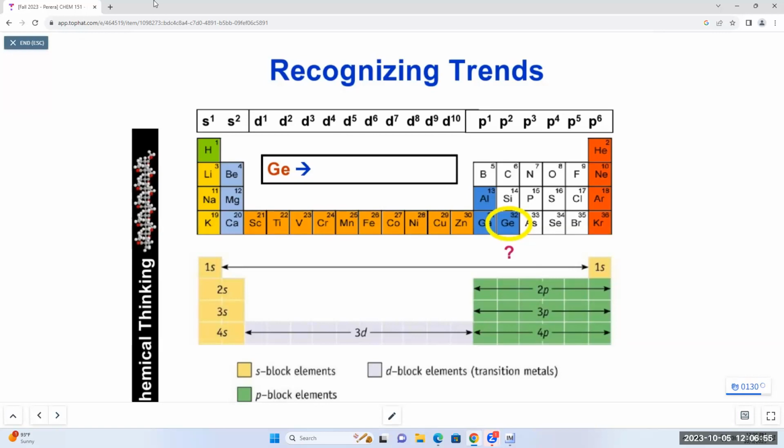Now, here's what I noticed. To get to germanium, I need to completely fill 1, 2, 3, the third shell, which has the argon electron configuration, meaning germanium has the argon core shell configuration. And then in the fourth shell, I have the first two groups filled. First two are my S subshells.